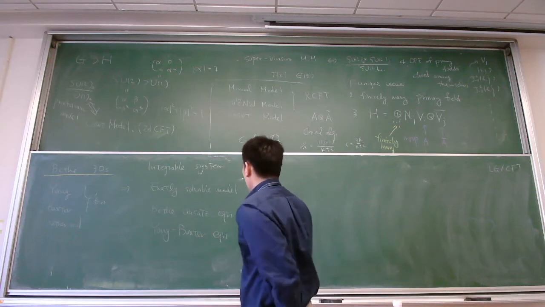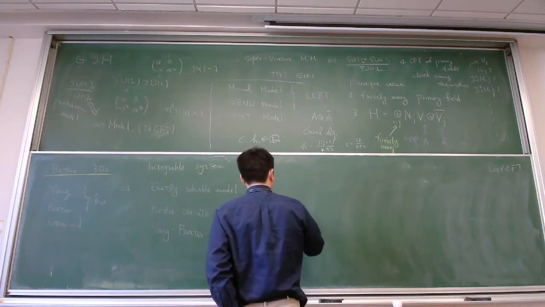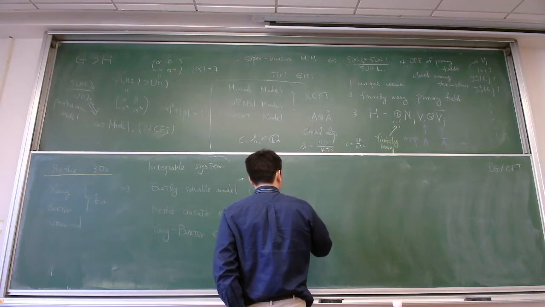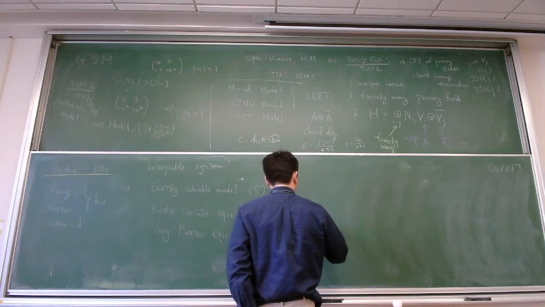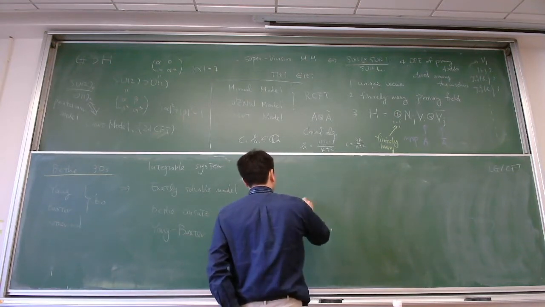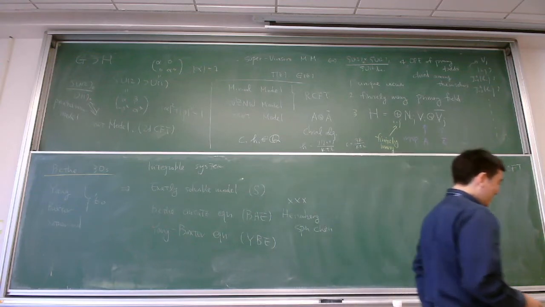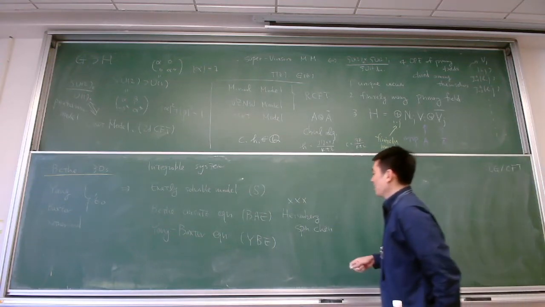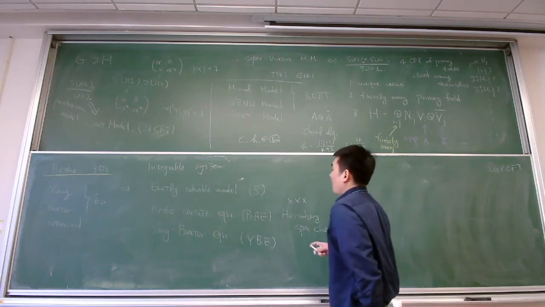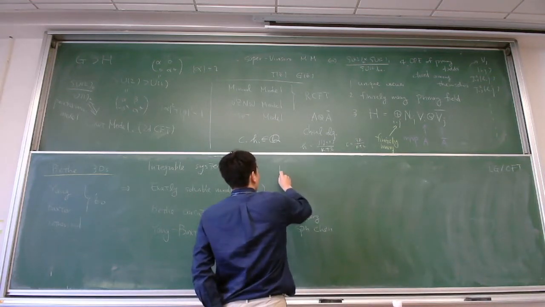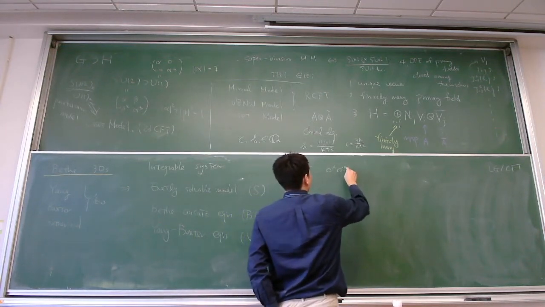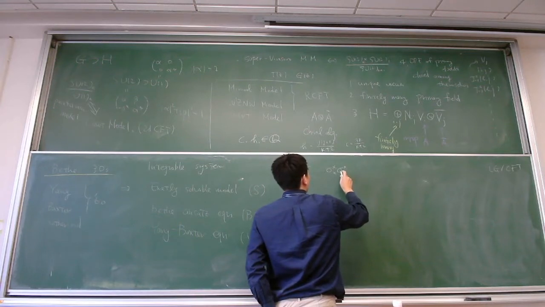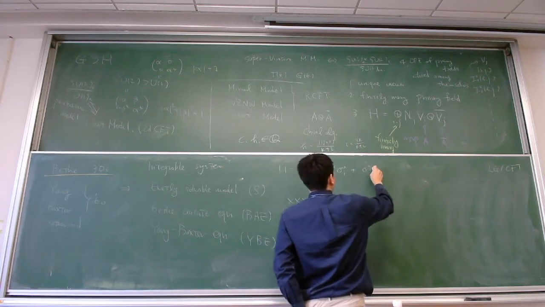In particular, this plays an important role in the Heisenberg chain, the spin chain, which people call the XXX spin chain. Anyway, the Hamiltonian is given by J times sigma x sigma x, plus sigma y sigma y, and so on.